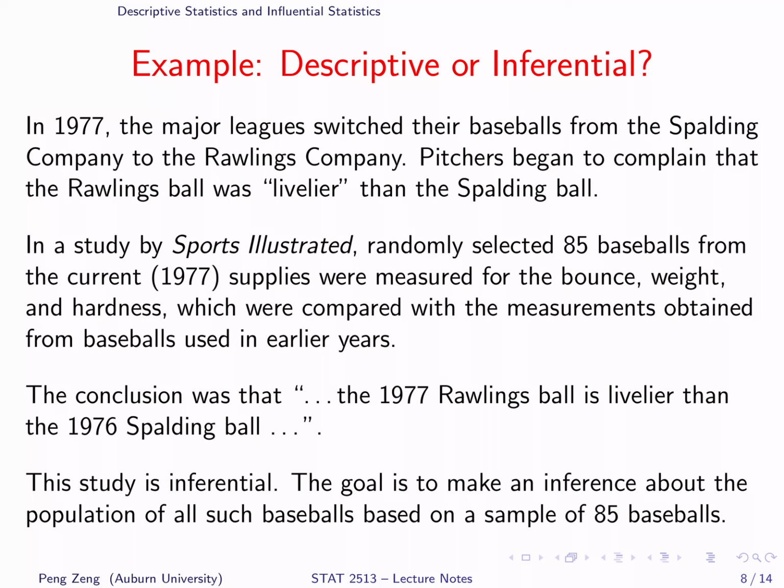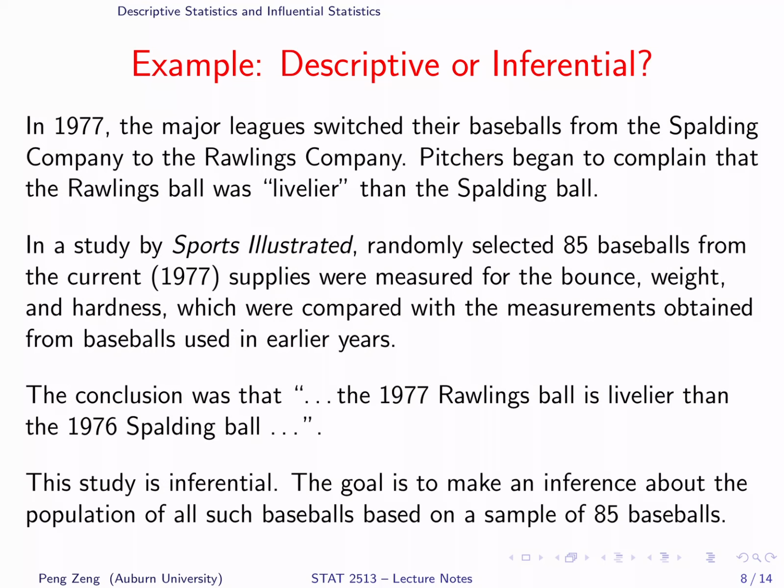These baseballs were measured for the bounce, weight, and hardness. Those measurements were compared with similar measurements obtained from baseballs in the previous years. In the conclusion, they said that the 1977 baseballs are livelier than the 1976 baseballs.